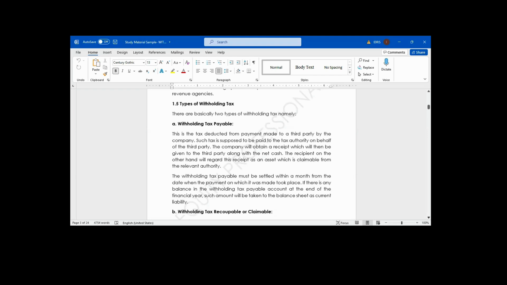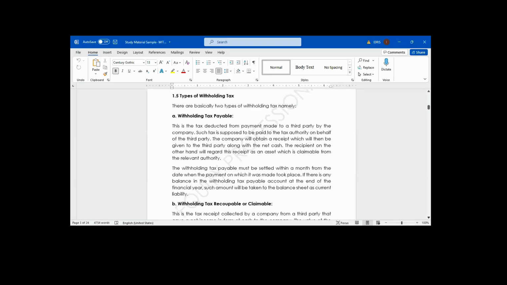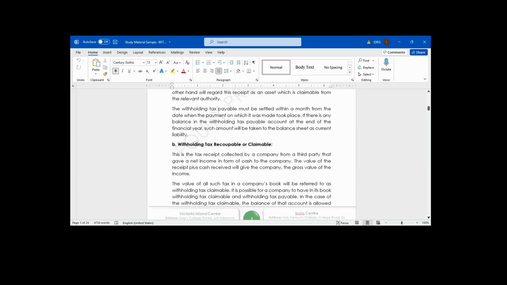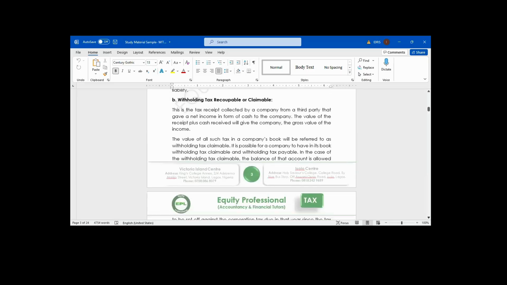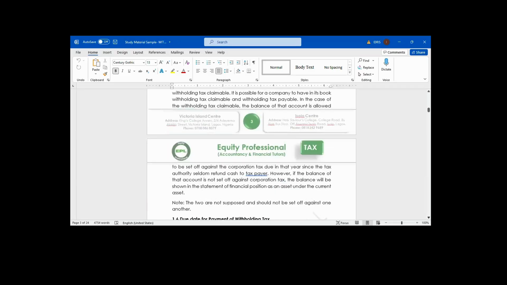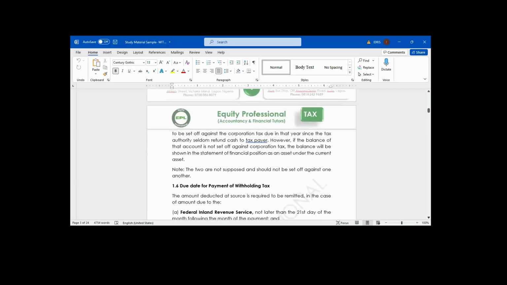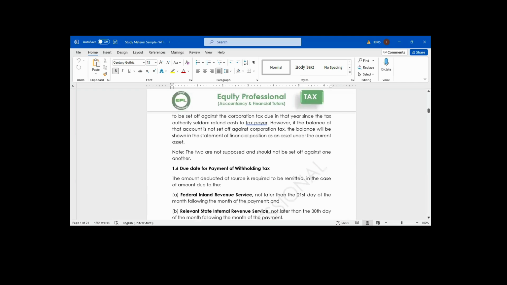While the withholding tax receivable or claimable means the withholding tax deducted on some of your income by other parties. It's called withholding tax claimable or recoverable.